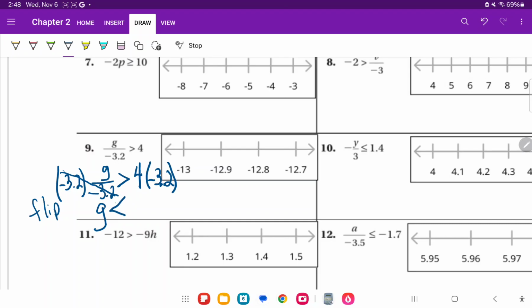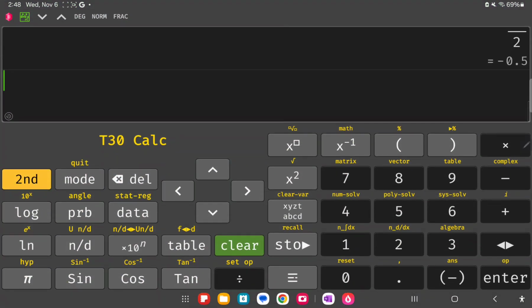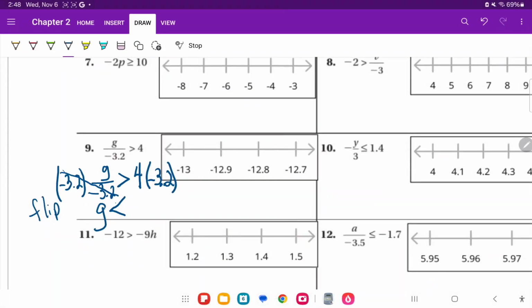And then 4 times negative 3.2 is negative 12.8. And that's it. I don't have to flip anything else.